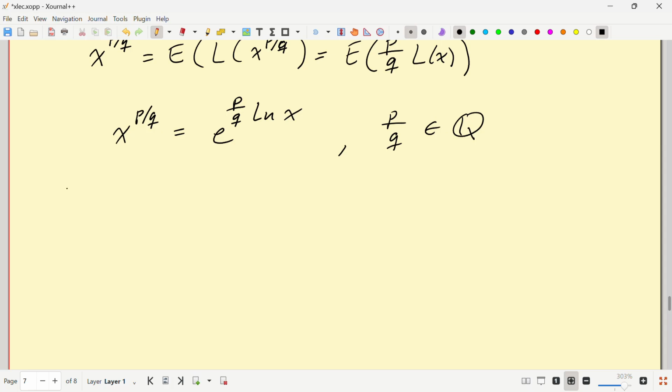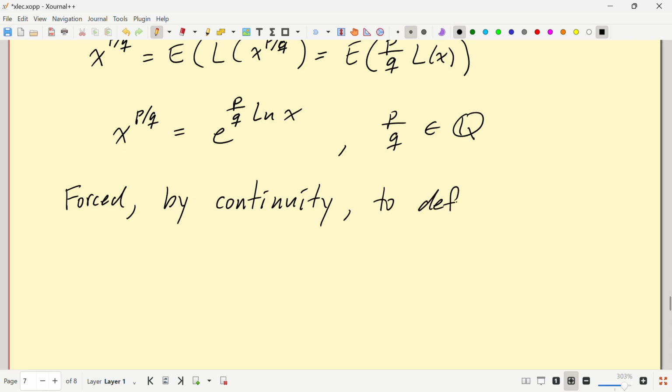So we're forced by continuity to define x to the r equals e to the r log x when r is irrational.